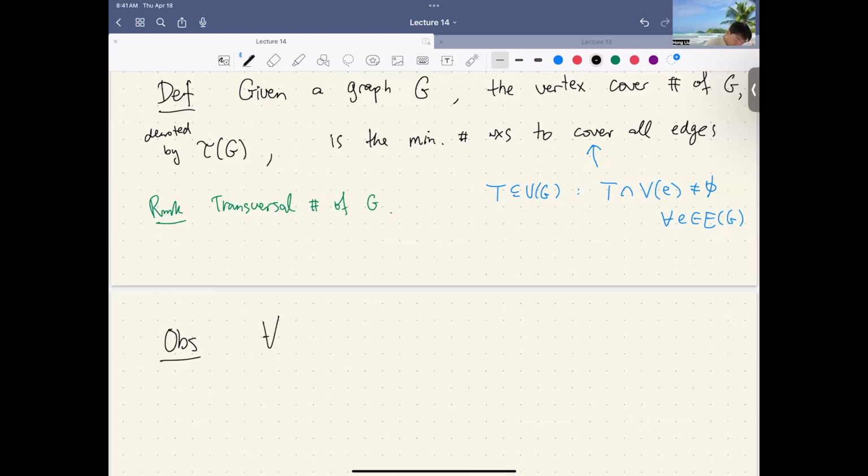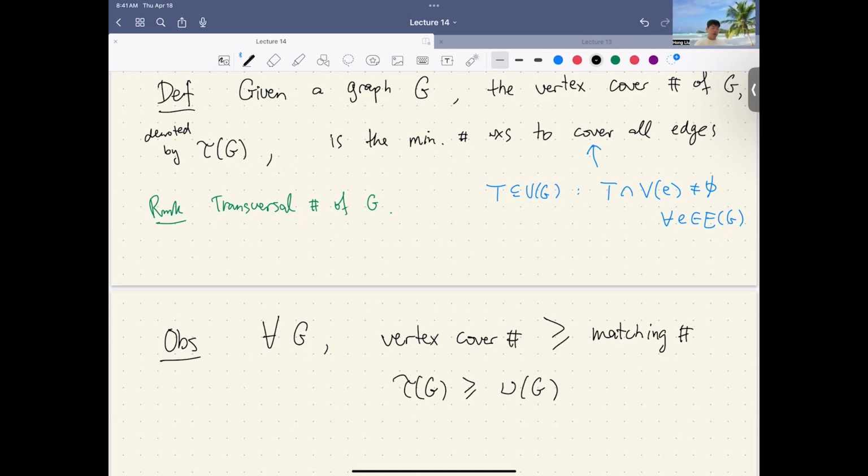Observation: for any graph G, the vertex cover number is at least the matching number. So tau of G is at least nu of G. Let's write the matching number as nu.